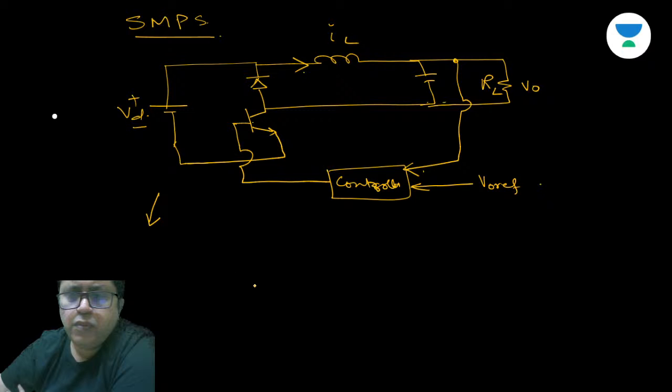So let us see the equivalent circuit of this. This is VD plus minus. This transistor and diode will behave as a double throw switch. This is A, this is VI.